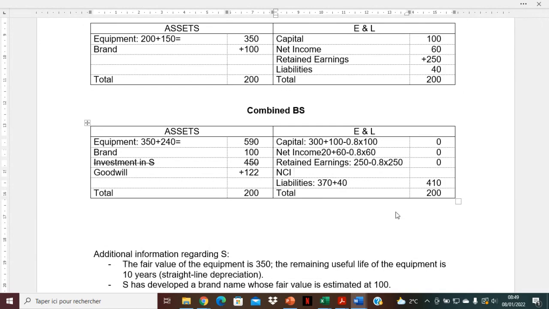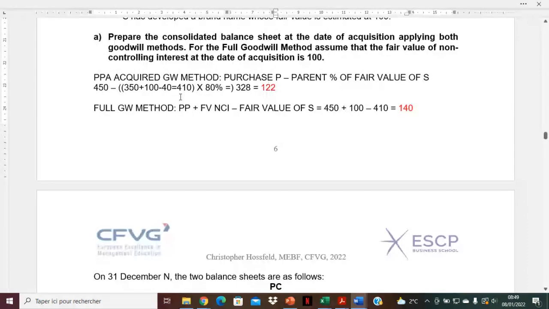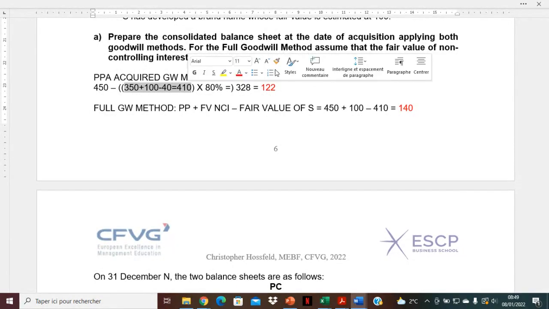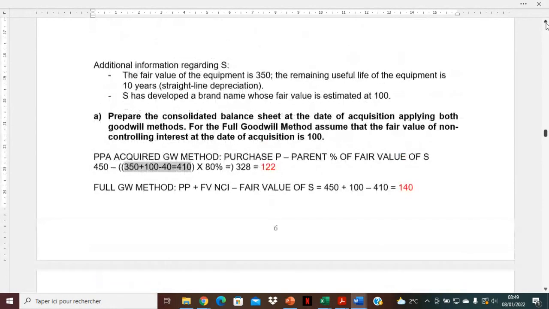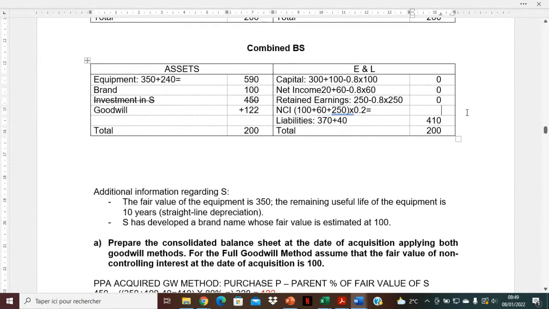So NCI in this example is 100 plus 60 plus the retained earnings of 250, times 20%, because we have 20% non-controlling interest. So basically it's 410. Now remember, we calculated this here. All this together is 410. So 20% of 410, which is 82. That means NCI is 82.